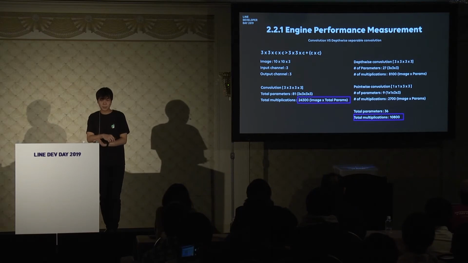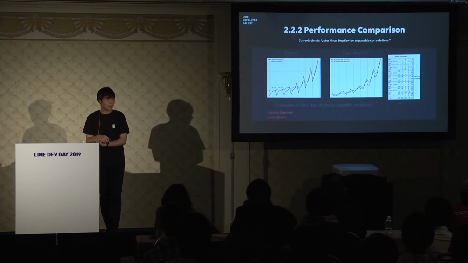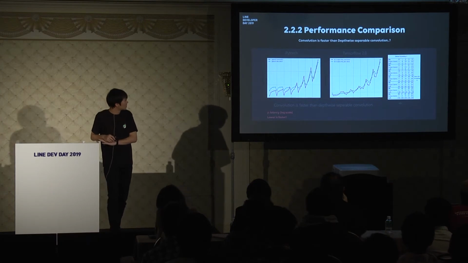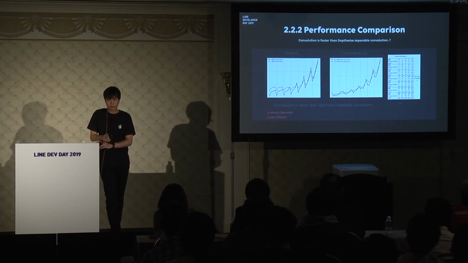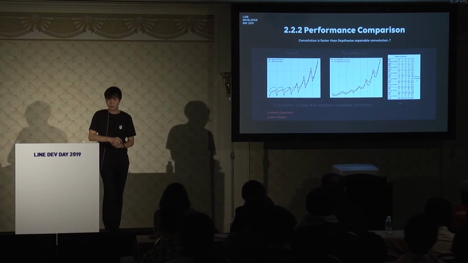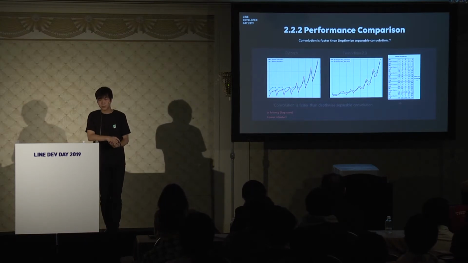But if you actually use it on the engine, make sure to test it. After we tested the PyTorch and TensorFlow 2.0 models, we saw that the speed is quite different from the theory. In the case of PyTorch and TensorFlow, convolution is faster than depth-wise separable convolution, even though the parameter count is bigger.